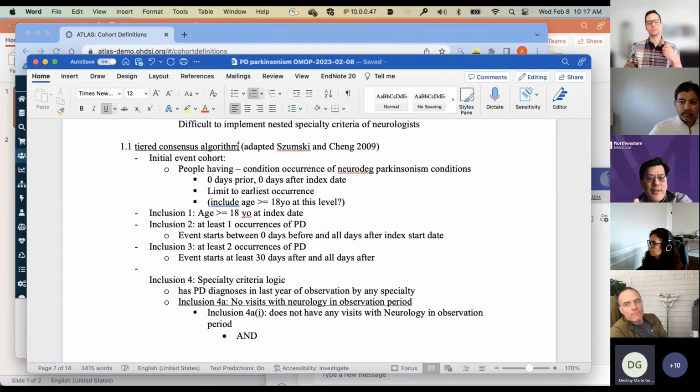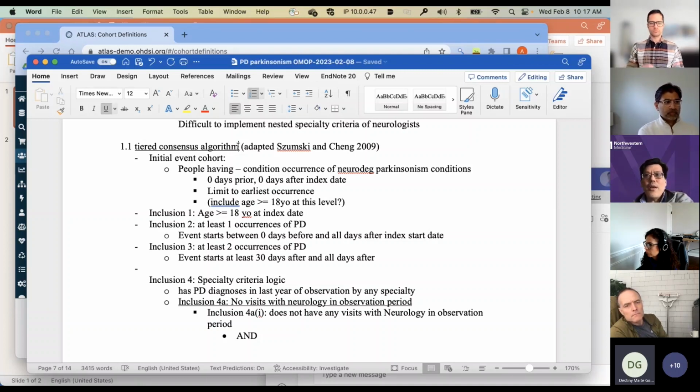And it does a second thing. The second thing the tiered consensus algorithm does is it reflects the fact that for a lot of the neurodegenerative Parkinsonisms and Parkinson's disease, the diagnosis only becomes clear many years later.